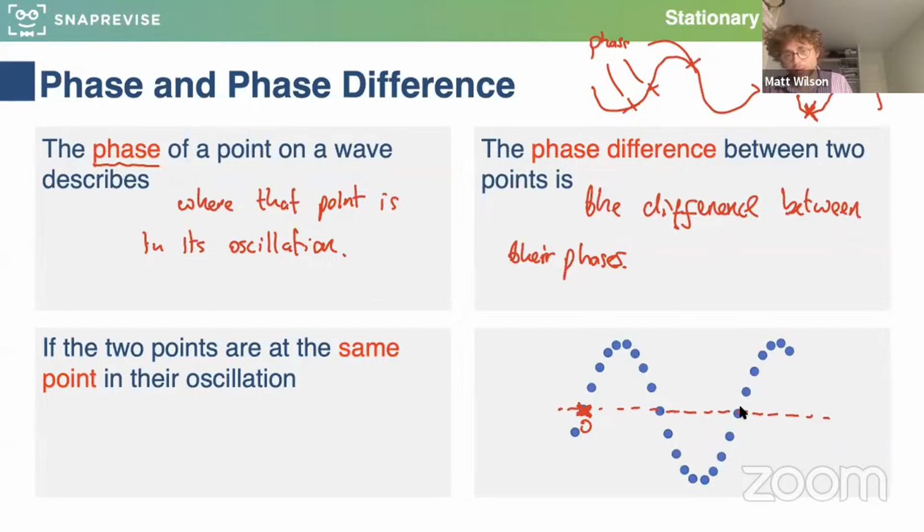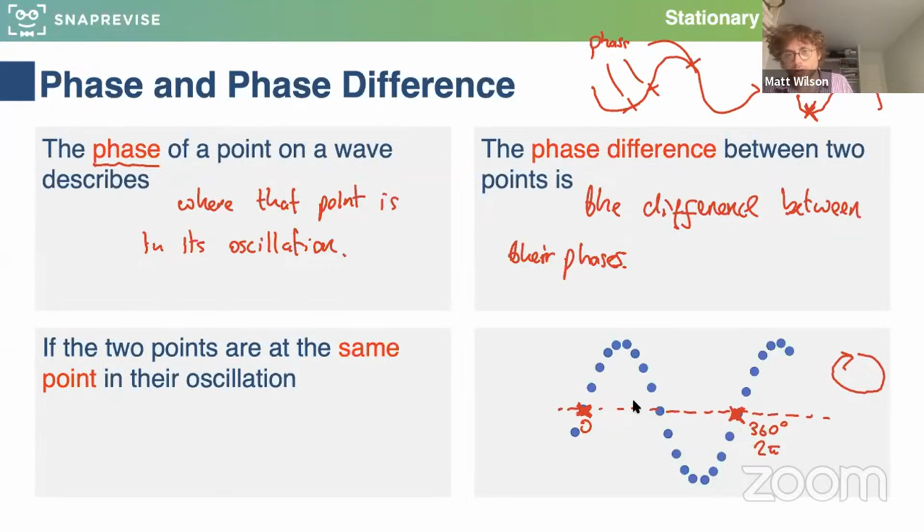Now, typically, we choose for one complete oscillation to mean reaching a phase of either 360 degrees or 2 pi radians. So you can choose whether you want to measure things in radians or in degrees. The idea is that going all the way up and down like this and back to the start, we want to think about it like going all the way around a circle, which would be 360 degrees. It's a very natural analogy, and that's why we choose these units.